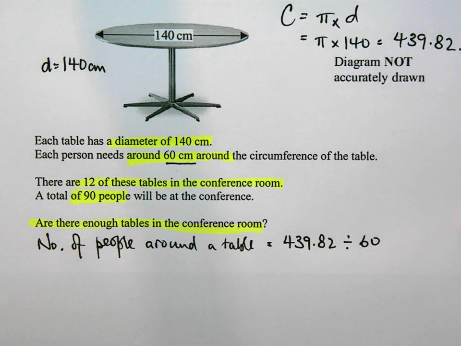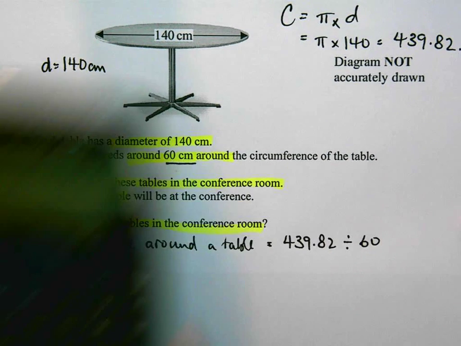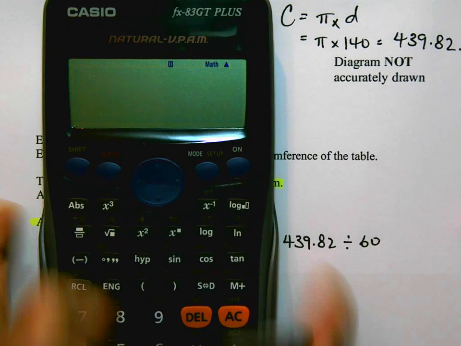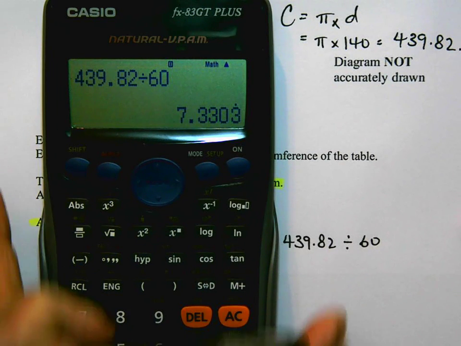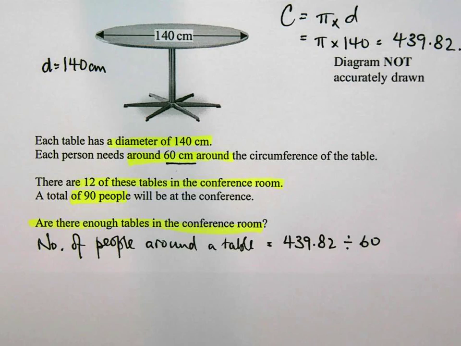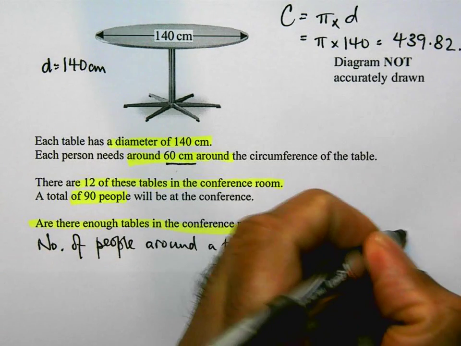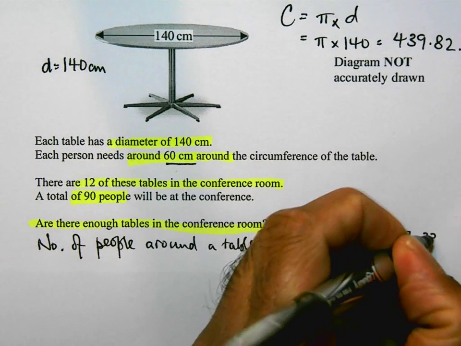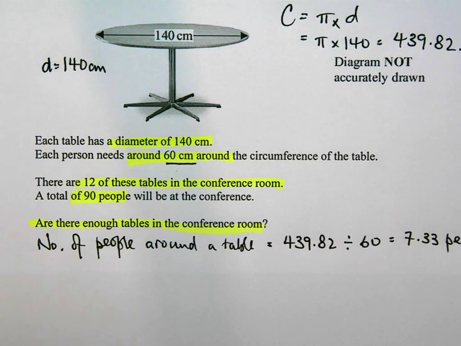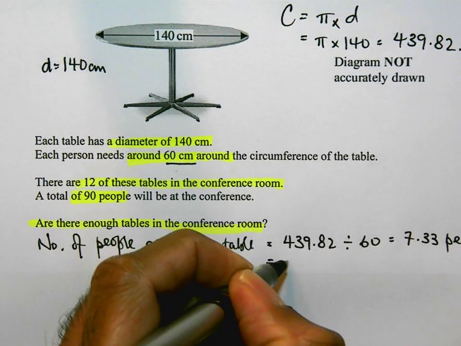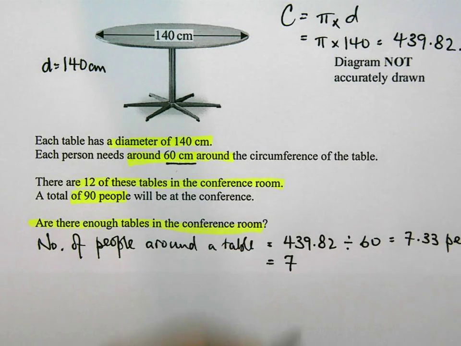Okay, let's do that. 439.82 divided by 60 equals 7.33. So that's 7.33 people. You can't have 0.33 of a person, so each table is going to fit 7 people.